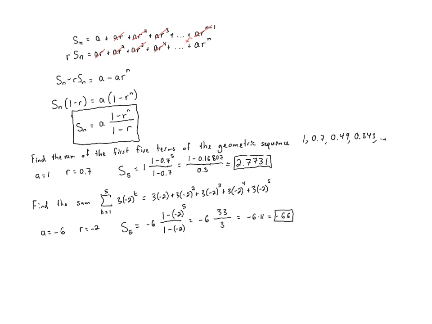And this is actually fewer calculations than we would have had to do if we had done it straightforward like that. And furthermore, if we were looking at the sum from k goes from 1 to something like 8 or 12 or 50, this certainly would be the faster method.